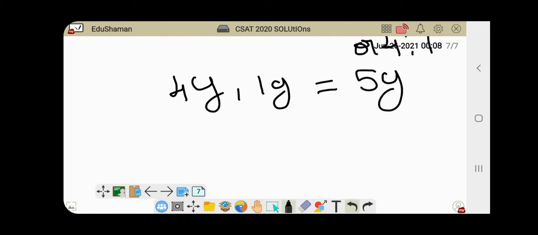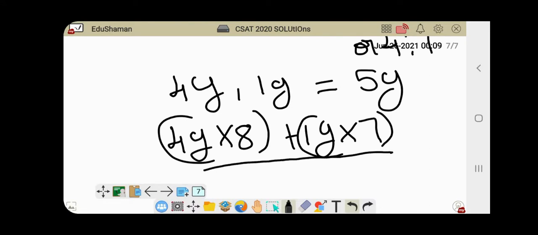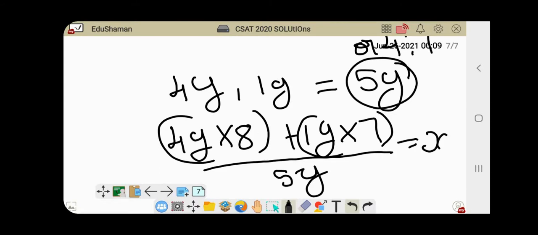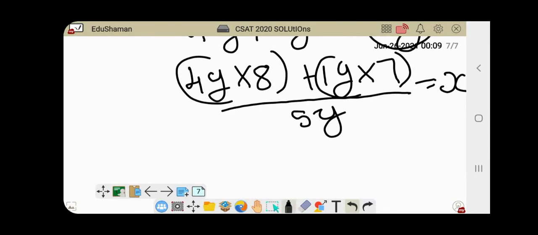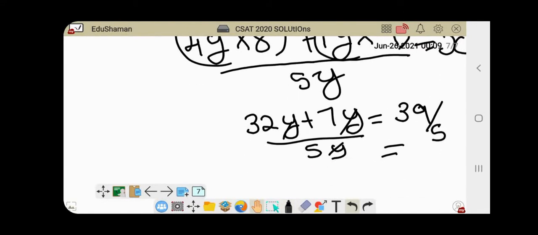So that would be, girls get 4y into 8 plus boys get 1y into 7. If you divide this by the total number, that is 5y, then that will be equivalent to x, which is 32y plus 7y by 5y. You cut y out, then that will be equivalent to 39 by 5, which is nothing but 7.8, which is your option A.